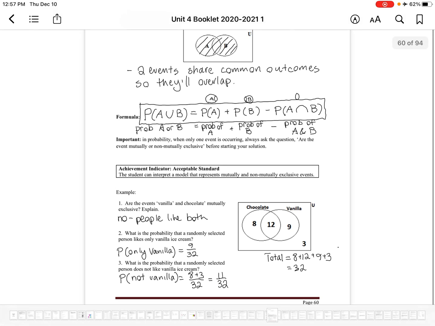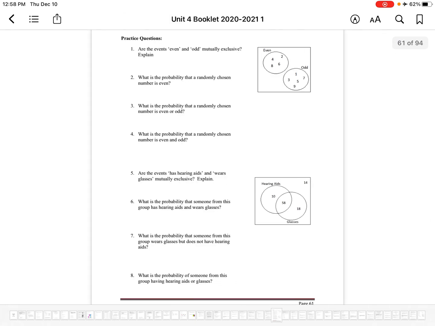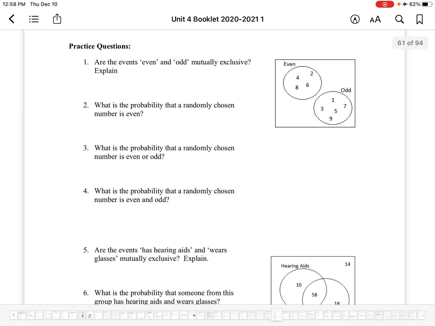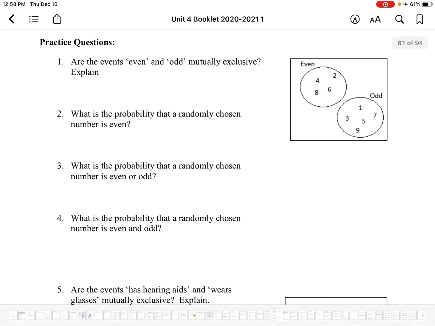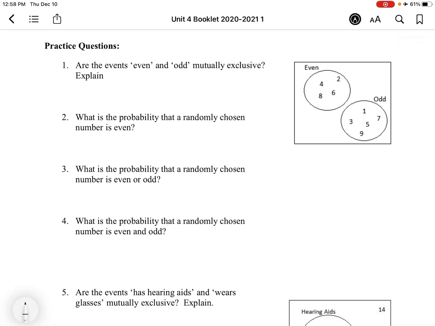All right. So I'm going to do one more on the next page, just to do with this first Venn diagram. And then I'll let you try the second one yourself. Okay, so here's another one. Are the events even and odd mutually exclusive?